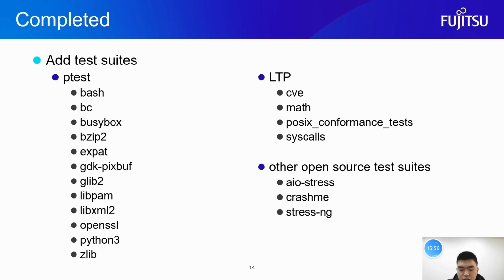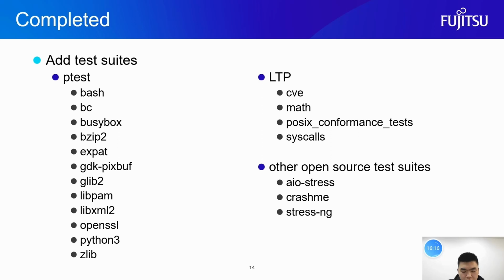The other situation, such as BC, is not supported in the yocto ptest. Then we will provide yocto with patches to support the OS's self-test running in ptest, and then support them in the framework.